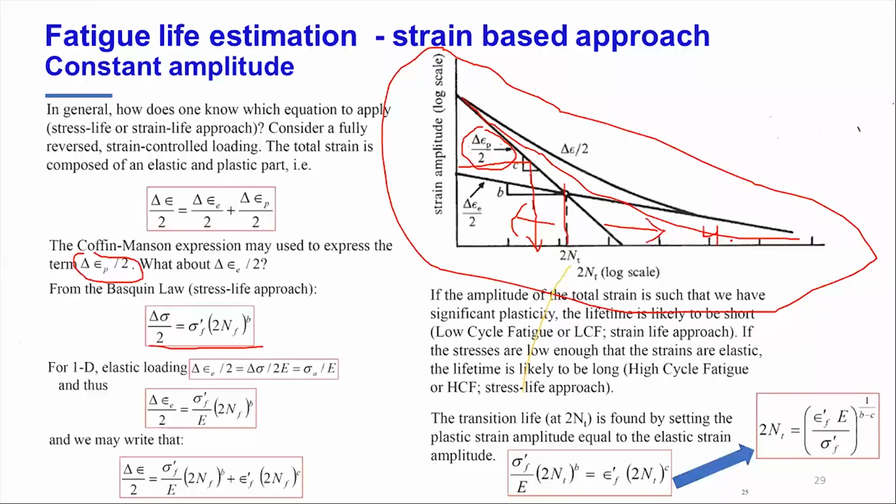So if you have to really develop a generic fatigue life estimation equation, what do you write? You write it this way. It has the stress-dominated high cycle fatigue life component, and at the same time the low cycle fatigue life component also.